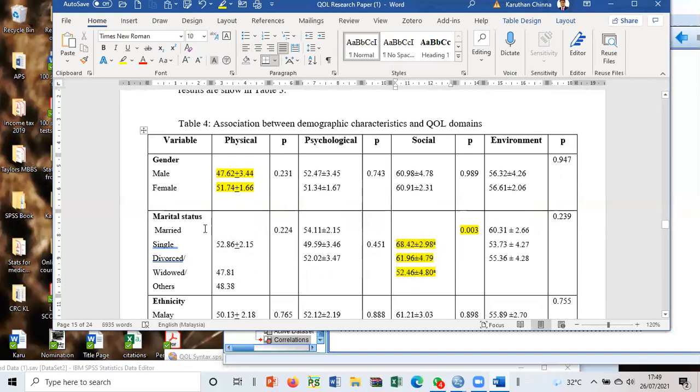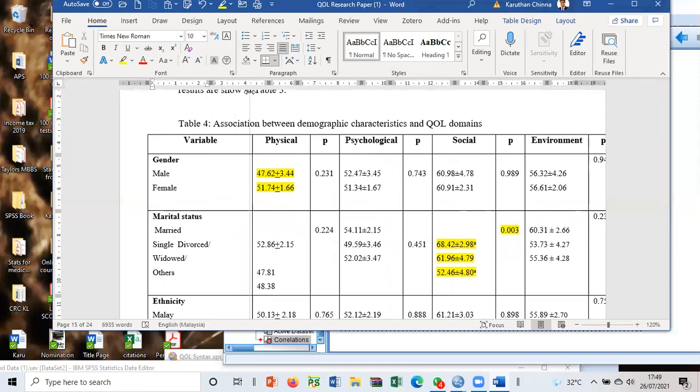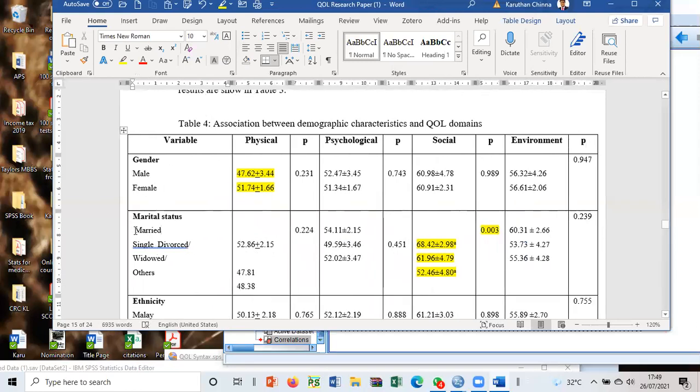But now I see it is between married and, what's the last one? Others. Others, which is combined already, right? Yeah. Combined with divorced and widowed. All these together, right? Yeah. So this is low.